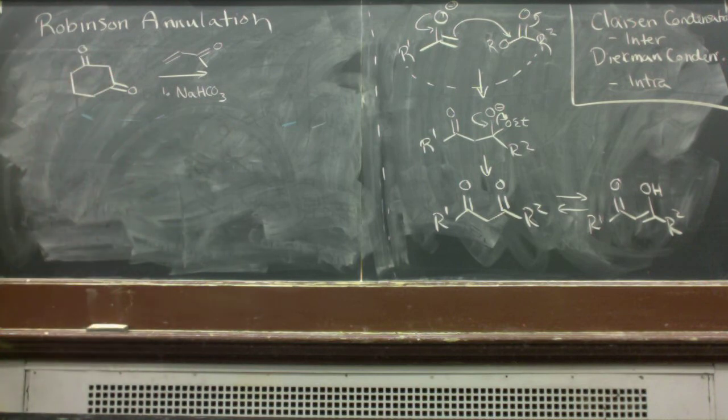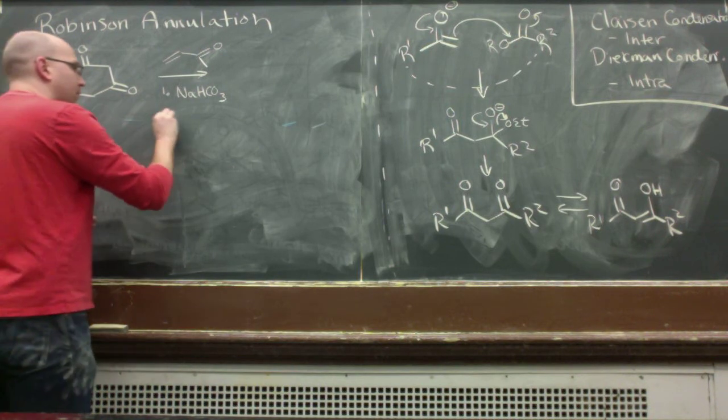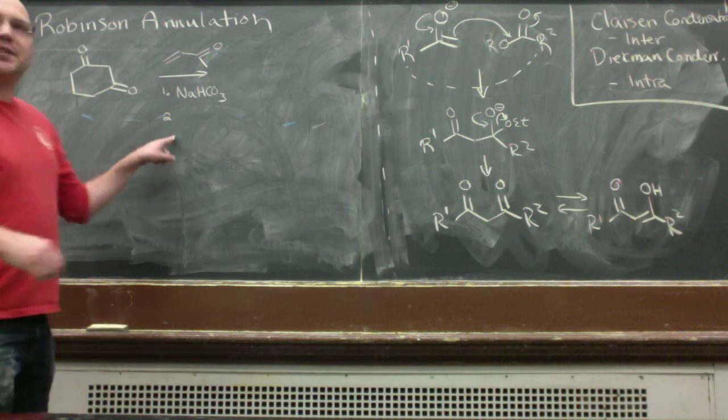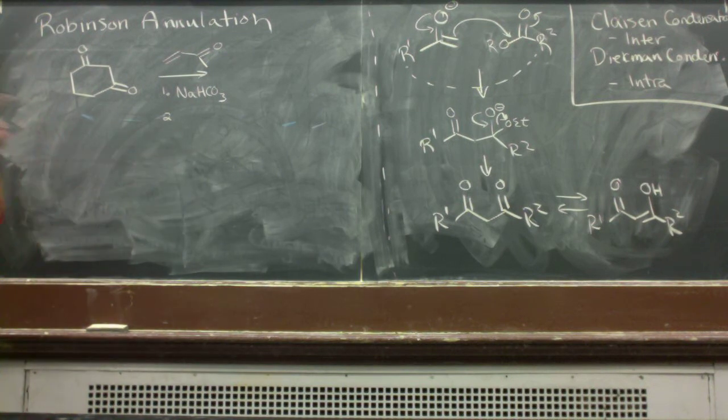And formally, you can actually do this subsequent step under acidic conditions. I'm now sort of questioning, we'll go for it and then I'll explain it later on. So we'll try to keep this analogous. This isn't actually how the process is run, but we'll discuss.